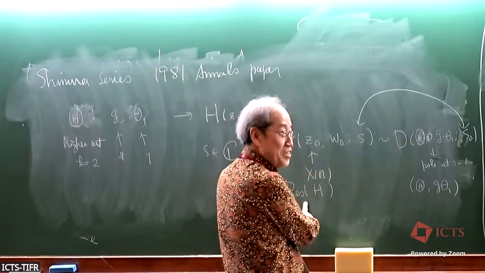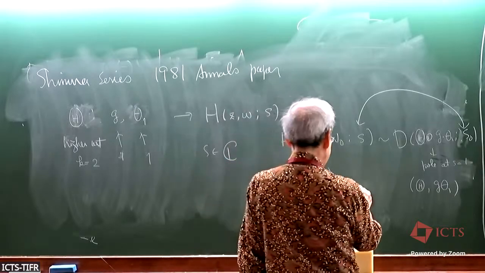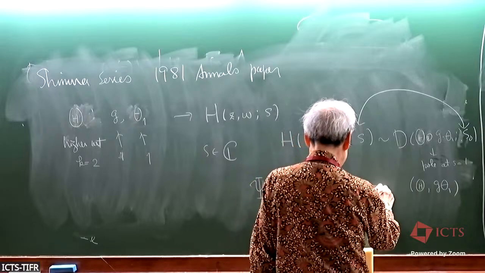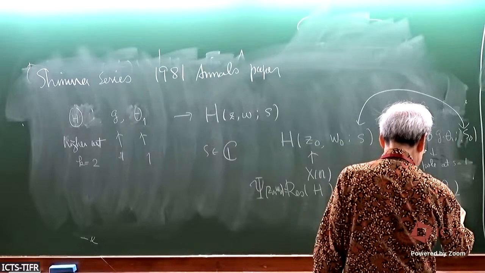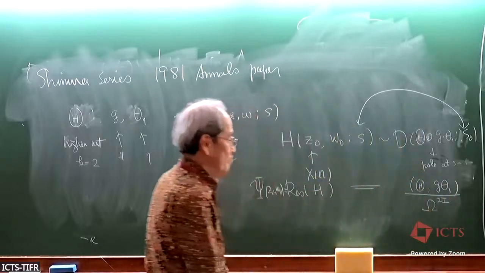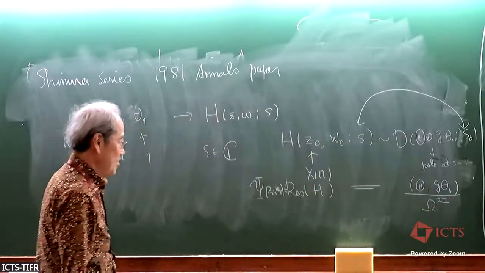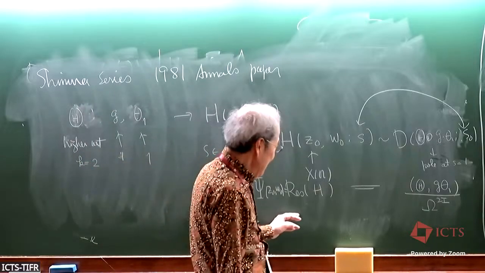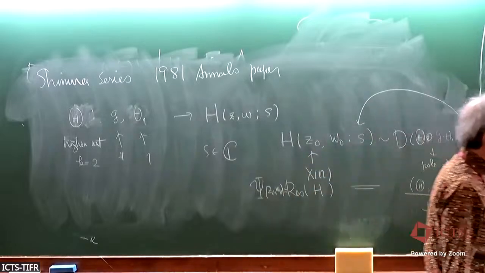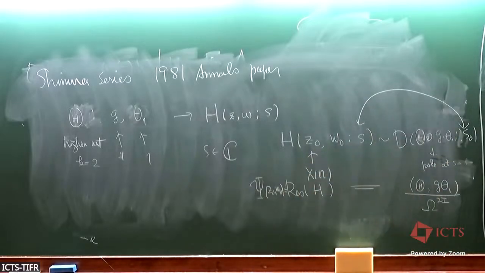I think s is 0. But anyway, that gives this. Therefore, you divide it by omega 2r. Okay? Therefore, I need to write down this. I will explain that.